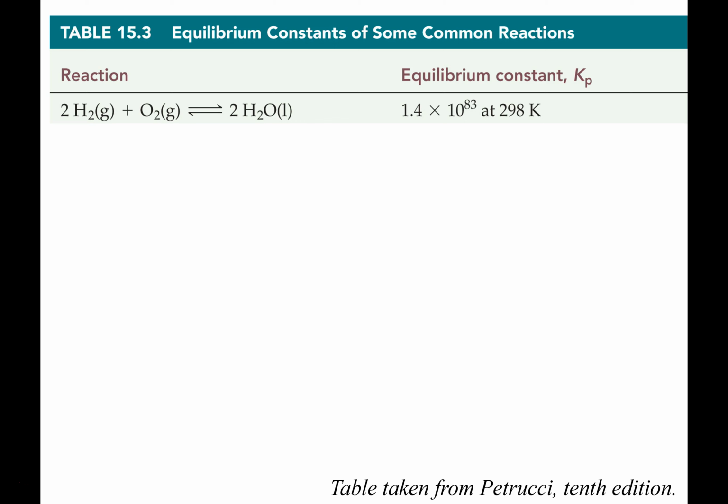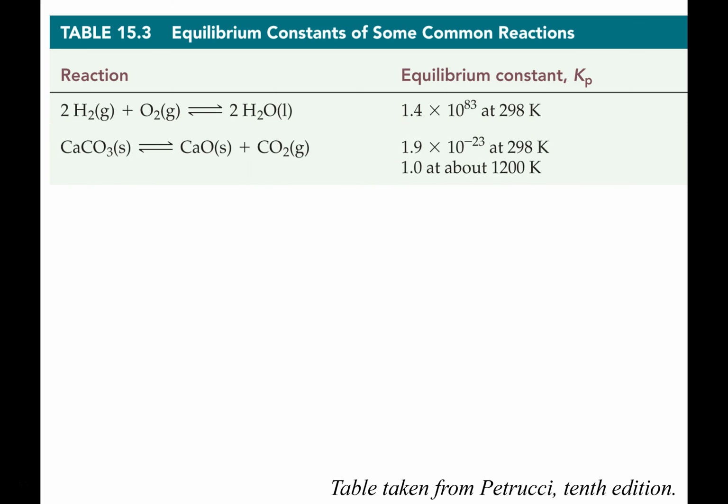That's bigger than Avogadro's number. So at equilibrium, you're going to have very small amounts of the reactant. It's what we call product favored. In fact, with that high a value, it's almost to completion.